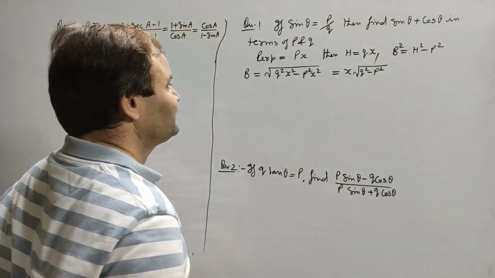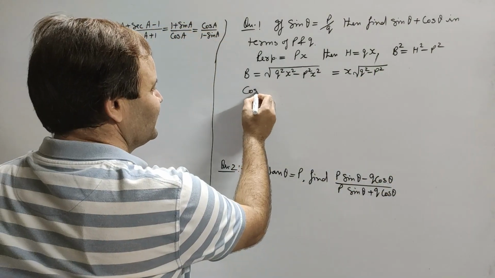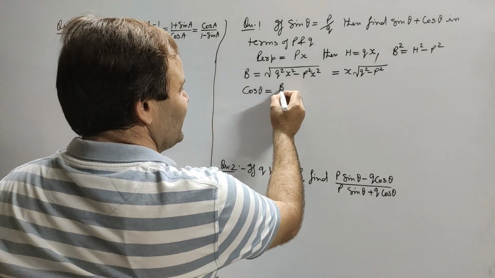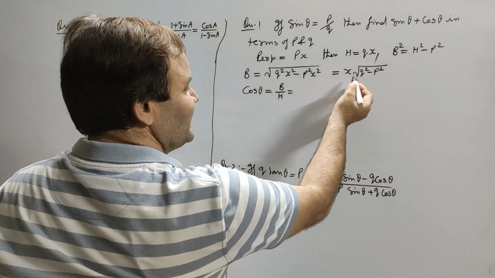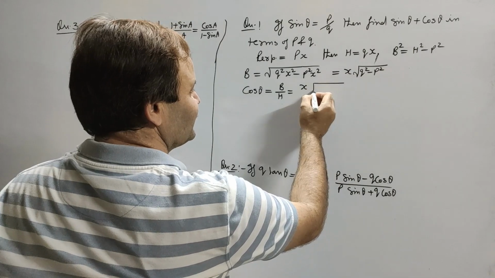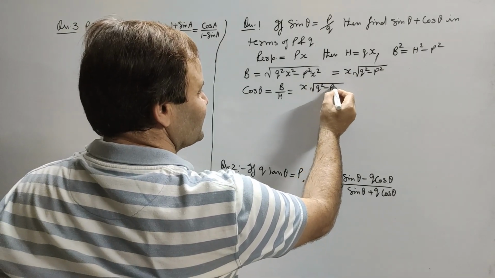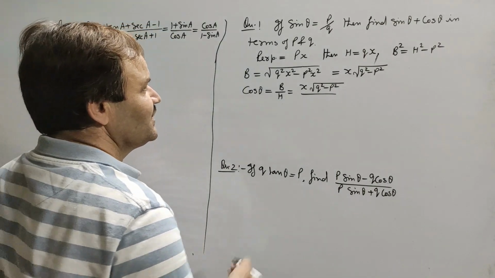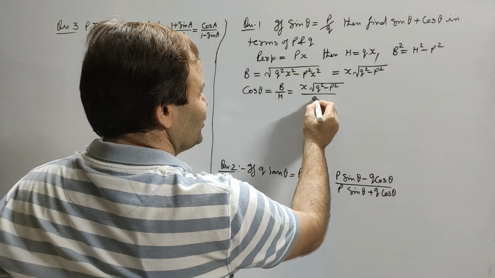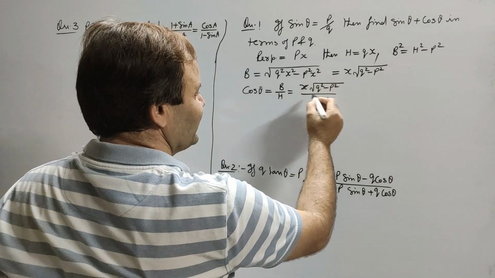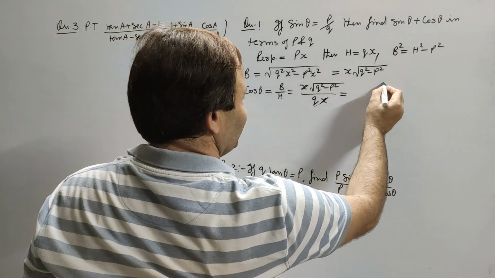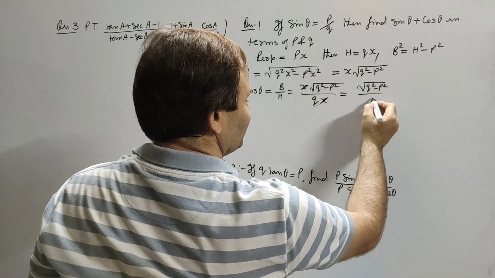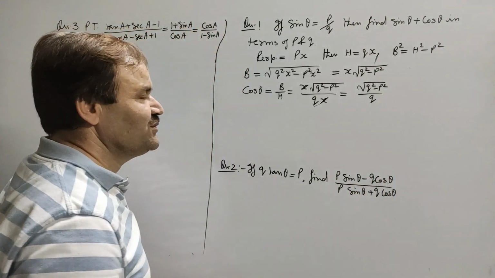So cos theta now will be base upon hypotenuse. Base is x root q square minus p square divided by hypotenuse, which is qx. X will get cancelled, so we will get under root q square minus p square upon q as the cos theta.